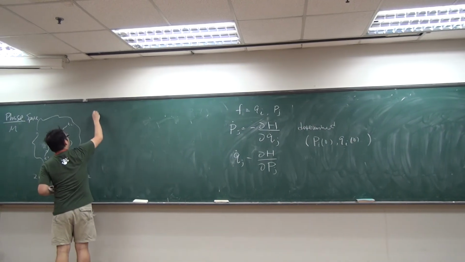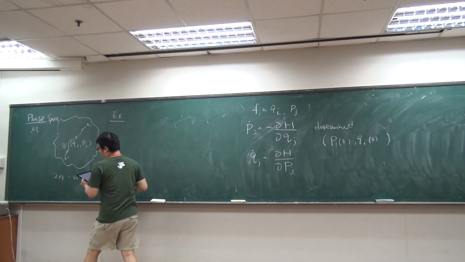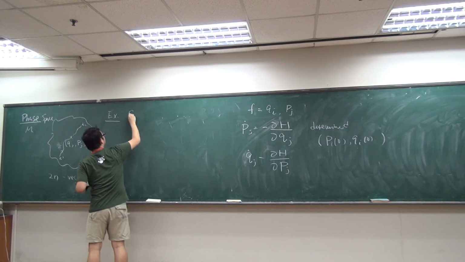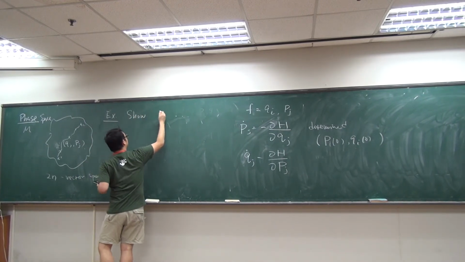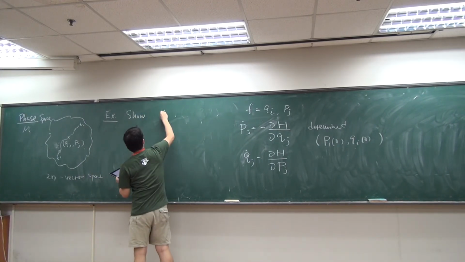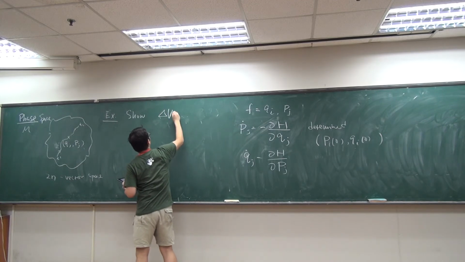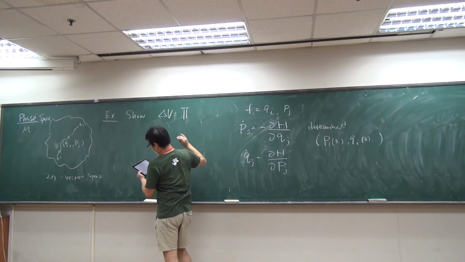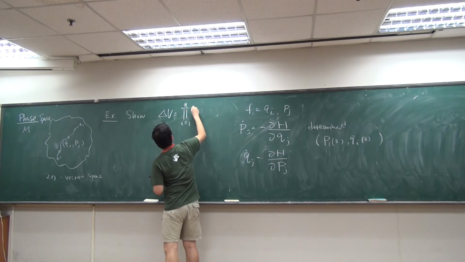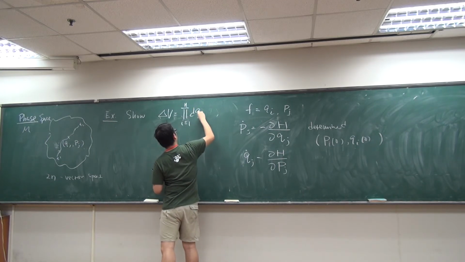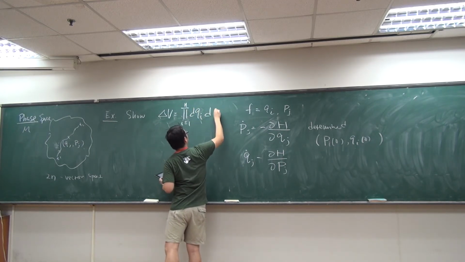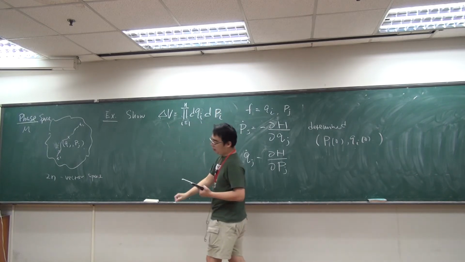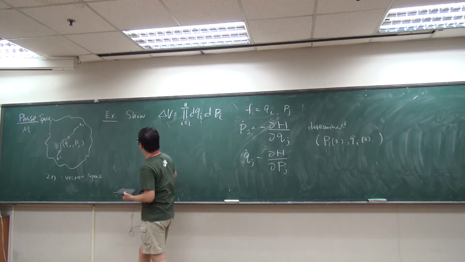And show that the volume element in the phase space, delta V, is actually conserved.